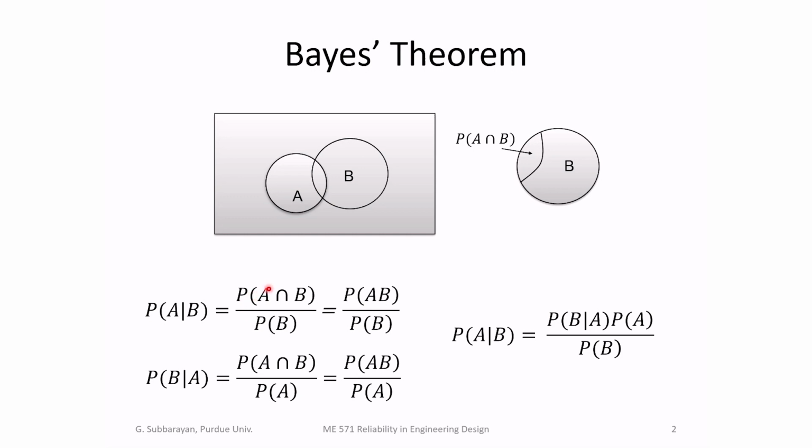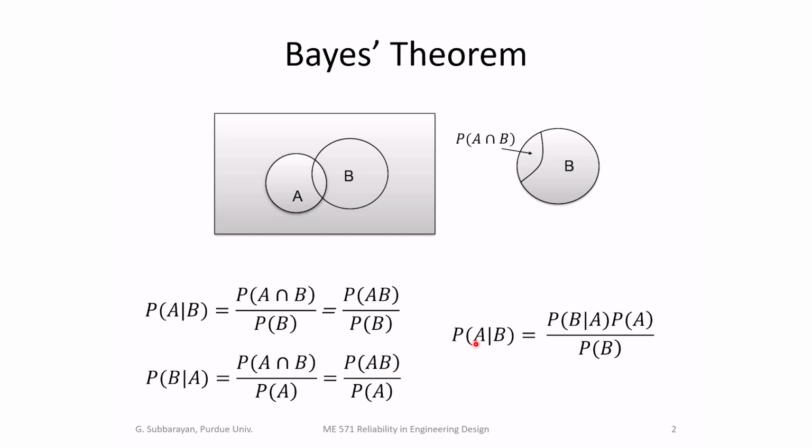By Bayes' theorem, it is the probability that A and B will occur divided by the probability of event B. A intersection B is to be read as A and B, divided by the probability that event B will occur. Similarly, one can ask what is the conditional probability of event B occurring given that event A has already occurred. Then the conditional probability is the probability of A and B divided by the probability of A.